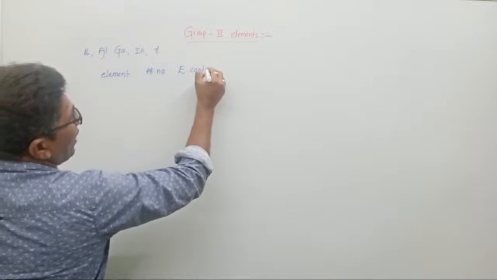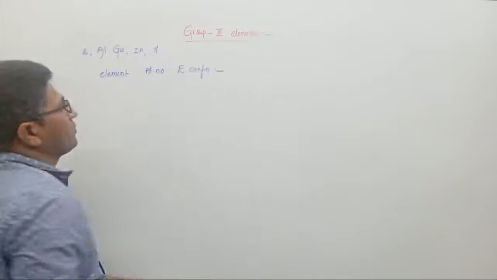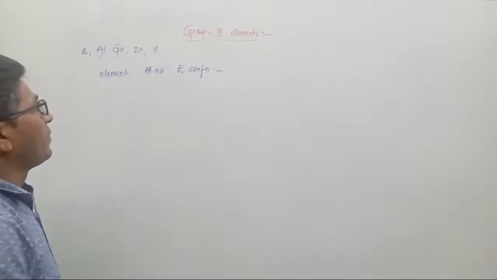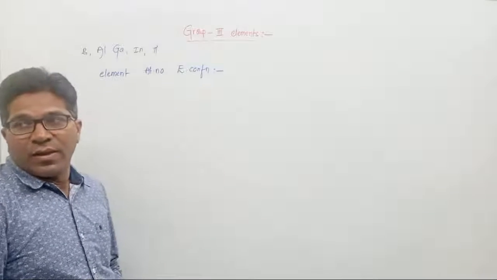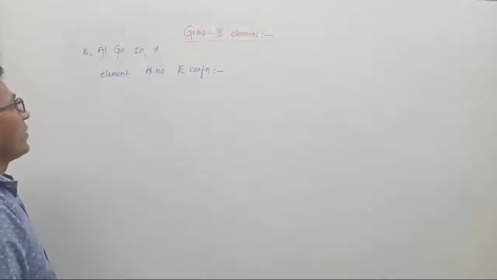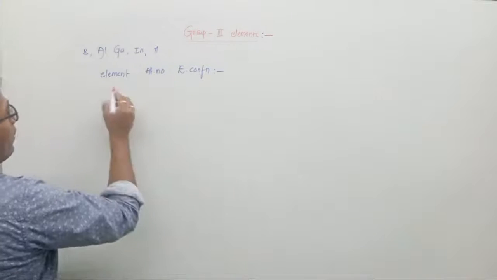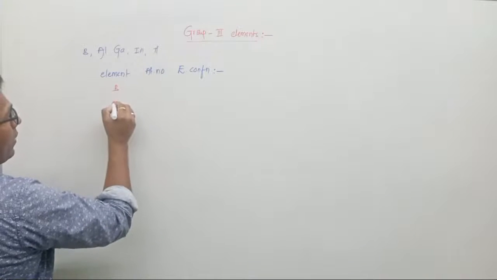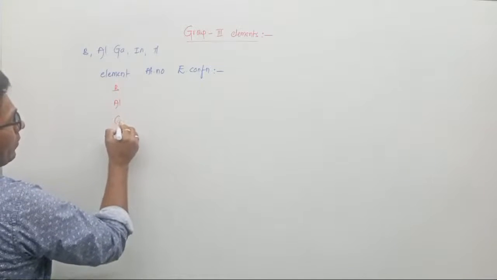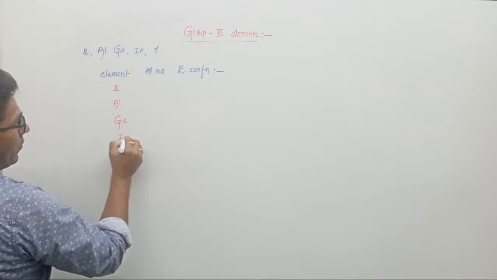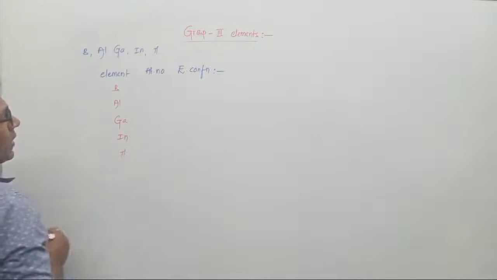Next, go to electronic configuration. See the element, atomic number, electronic configuration. Now, what are the elements? Boron, Aluminium, Gallium, Indium and Thallium.